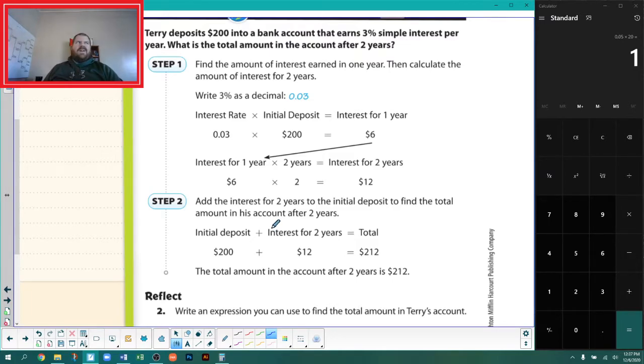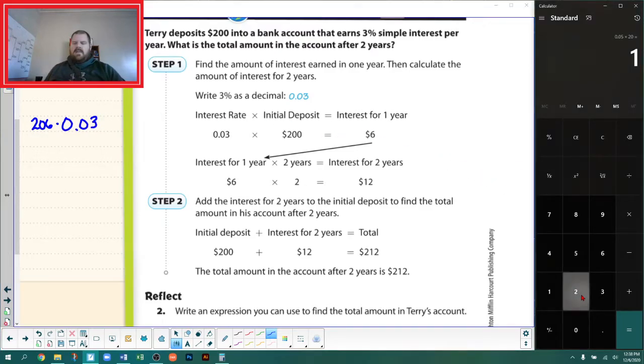Now, my concern here is it may be, and this would increase this problem's difficulty just a little bit, that at the end of the first year, he has $206. And then I don't know if that $6 that he previously earned earns interest itself. Because if it did, you would want to multiply that by the percentage, and instead of earning $6 that second year, you'd earn $6.18.